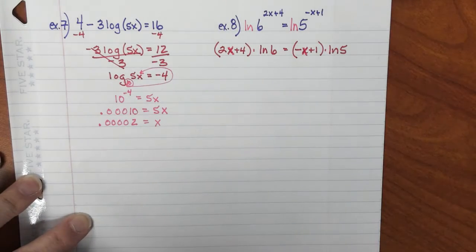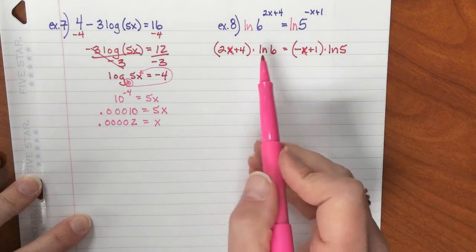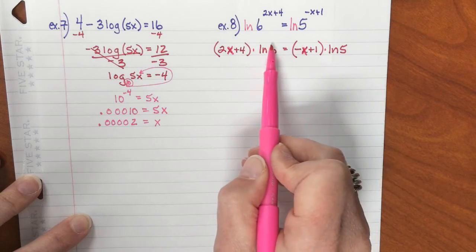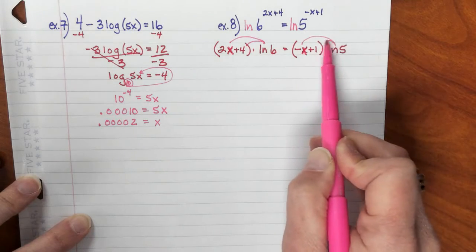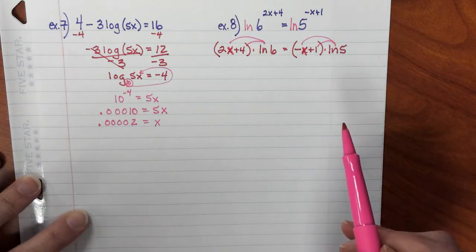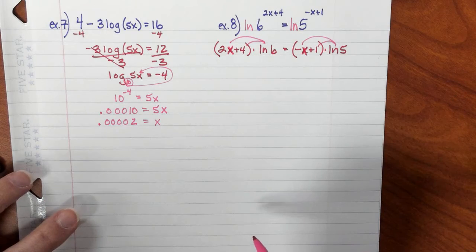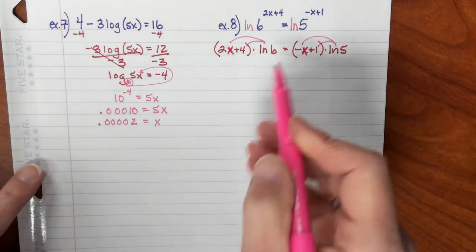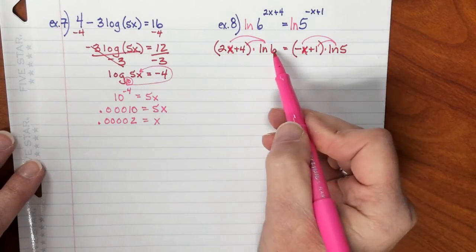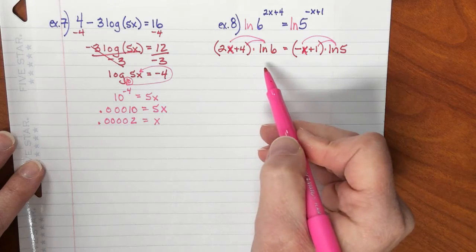So if I can distribute this natural log of 6 to both of these terms, and then I can get the terms with the x on one side, then I can factor the x out and I can solve for it. So what I'm going to do is distribute the natural log of 6 here to both of these terms.